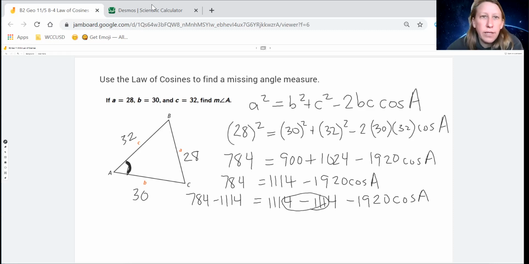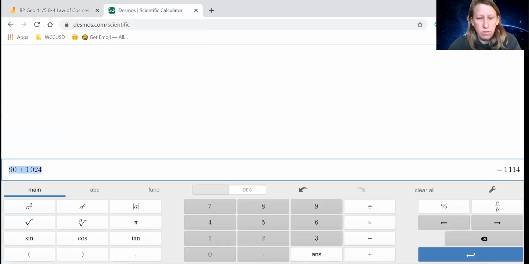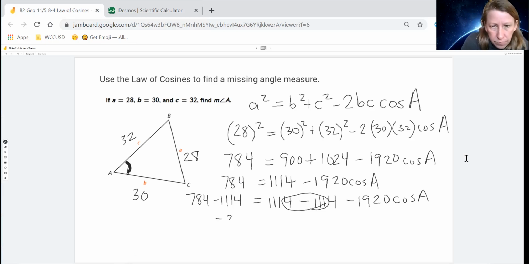And this is going to be a negative number. I'm going to do 784 minus 1114. I get negative 330. And then I get negative 19. See, this negative sign is still here because it was in front of the 1920 here, cosine A.